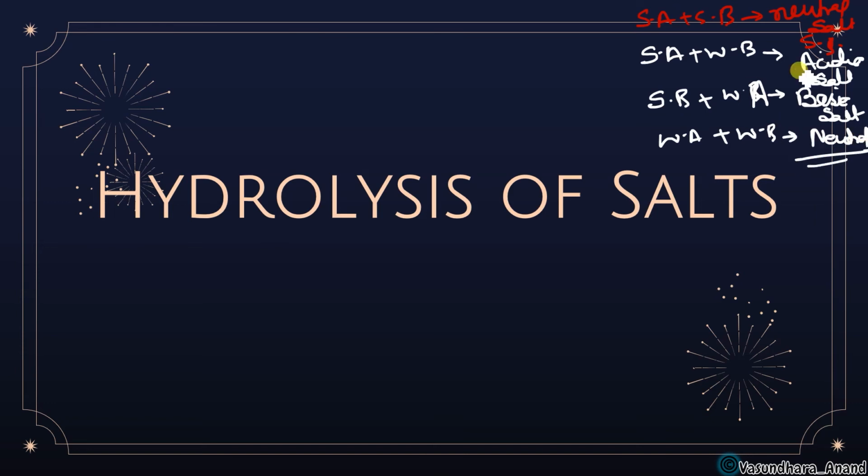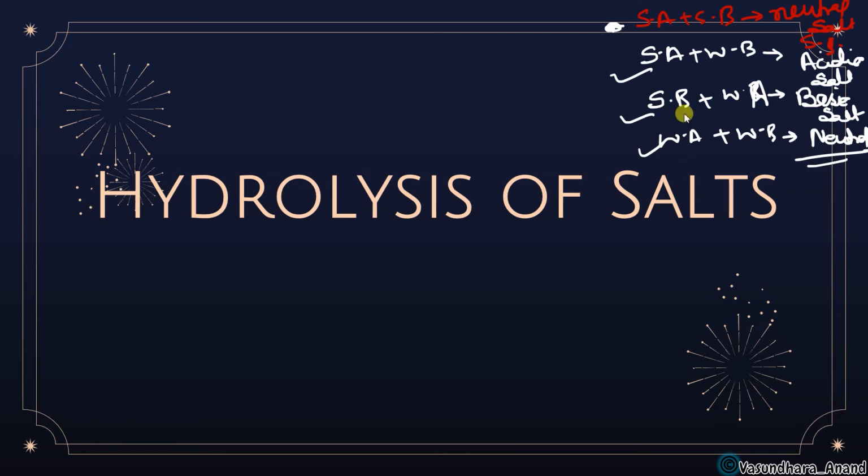So we have to study these three, not this one, because this is neutral and will be completely dissociated. So the degree of ionization will not be considered here, it is completely ionized, actually 100%, so we will not consider that one. So these three we will understand.